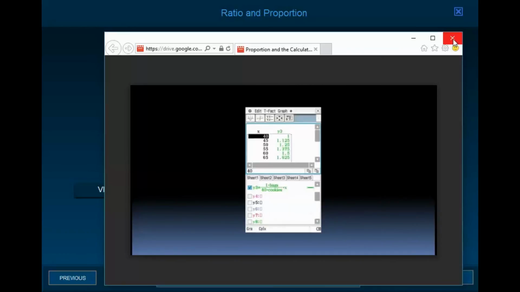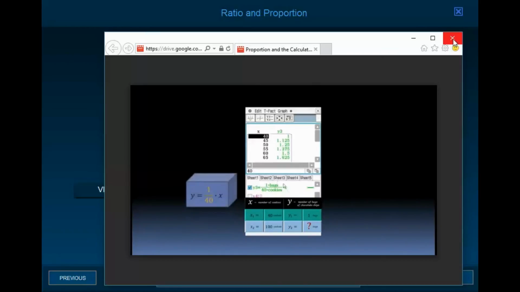And again, we can solve our baking problem using our math graphing calculator. This equation expresses the direct variation between the number of bags of chocolate chips and the number of cookies that would be made. Remember we said that 1 bag of chocolate chips would make 40 cookies.